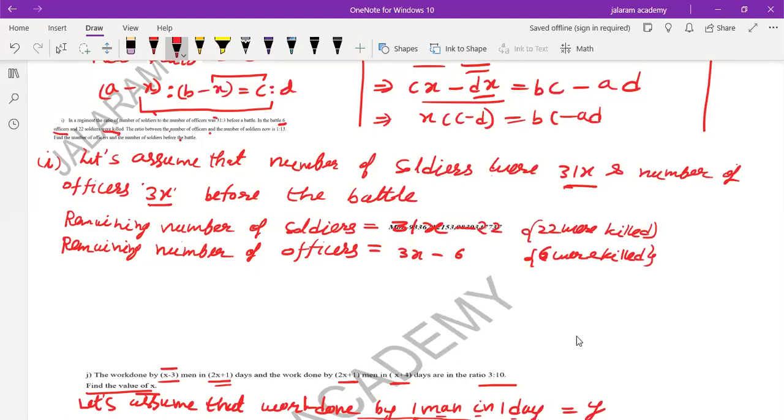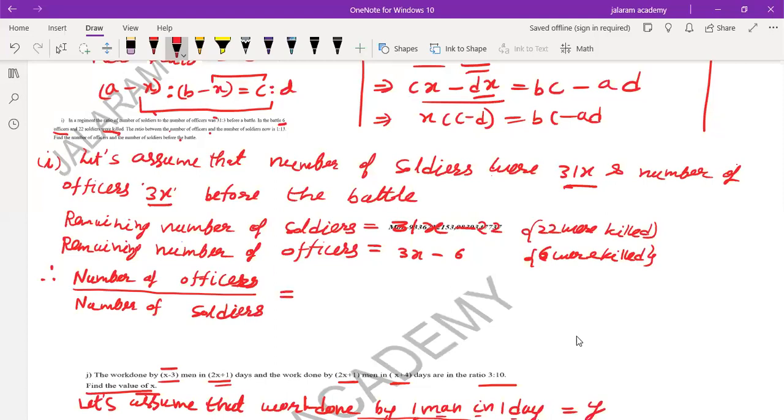And the ratio of the number of officers after killing, meaning the remaining number, number of officers is to the number of soldiers becomes 1:13.